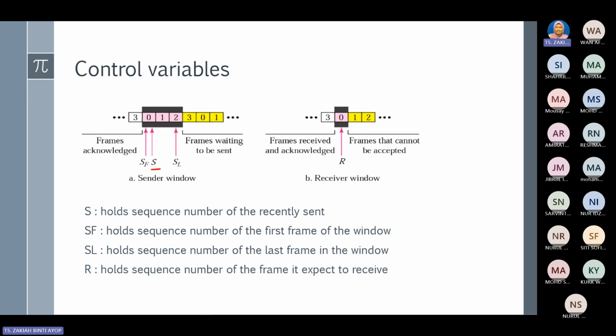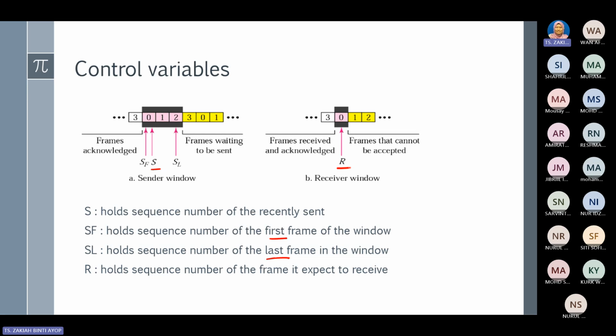SF holds the sequence number of the first frame of the window. And SL holds the sequence number of the last frame in the window.